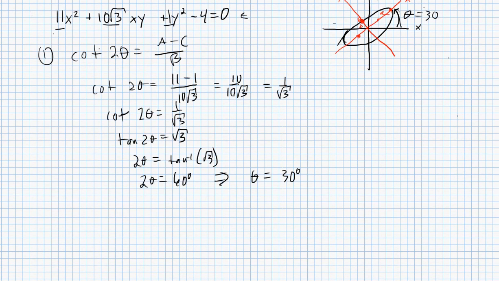Okay? Now, scroll down a little bit here. Now we take that angle and this is step 2, we're now going to put this into the rotation formulas to get the appropriate rotation formulas. Well, the rotation formulas are x equals x prime cosine theta minus y prime sine theta, and y is equal to x prime sine theta plus y prime cosine theta.